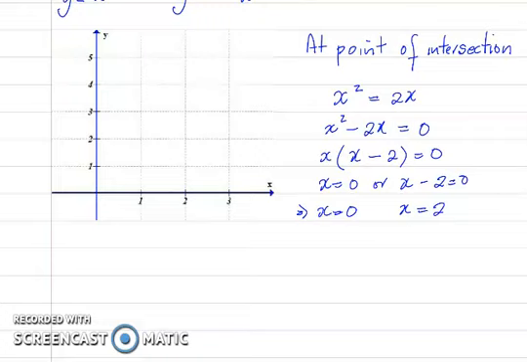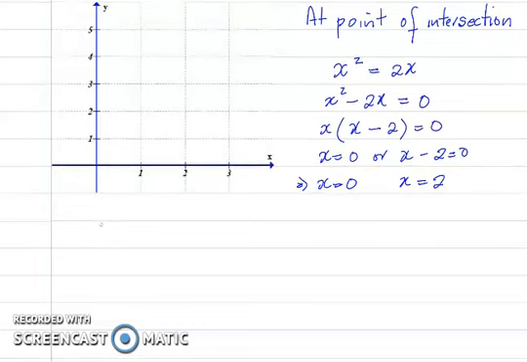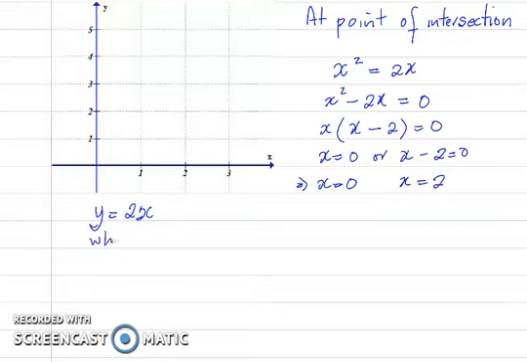Now, since the point of intersection is common to both graphs, I can use any equation to determine the y-coordinate. So y is equal to 2x. When x is equal to 0, y would be equal to 2 times 0, which is 0. So 0, 0 is a point of intersection.